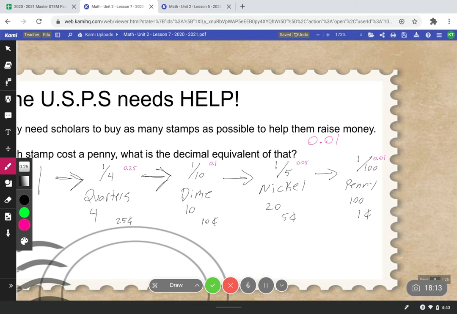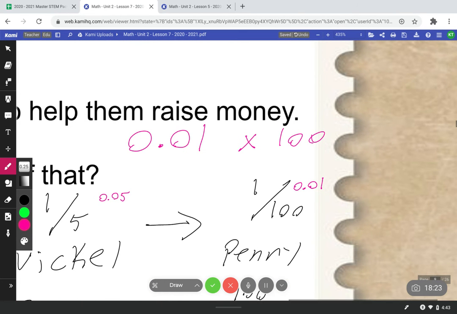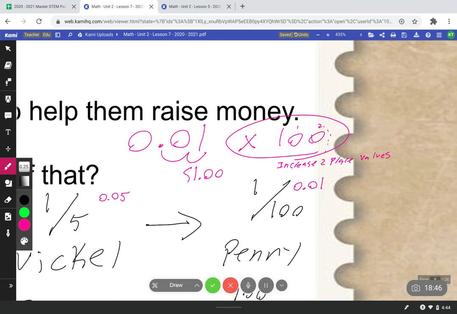So if I multiplied 1 penny times 100, so I got 100 pennies, I would increase my place value. I'm multiplying by a power of 10. 1, 2. I would increase place value 2. 2 place values. I'm increasing 2 place values. So 1, 2, and I would have $1.